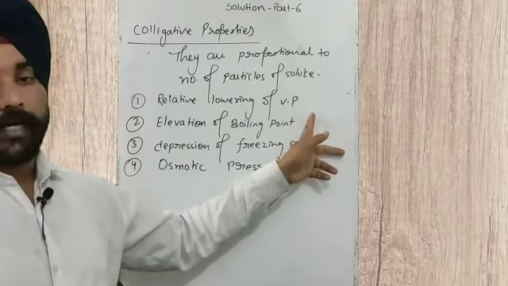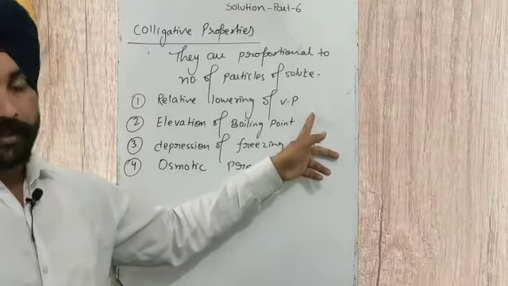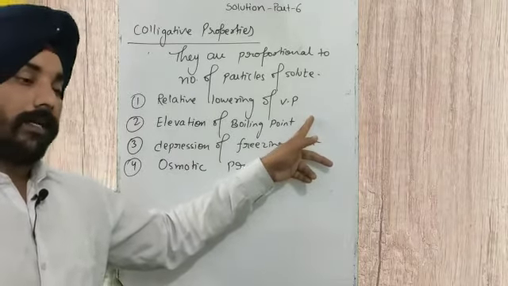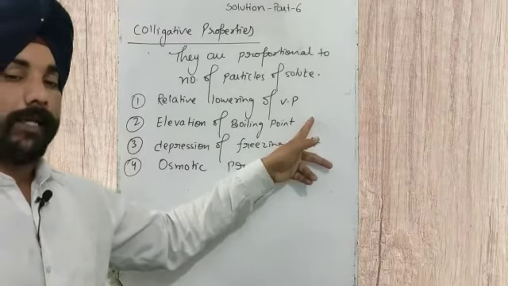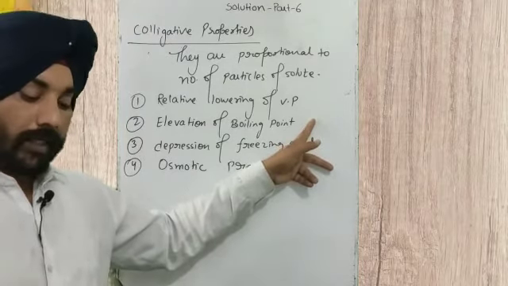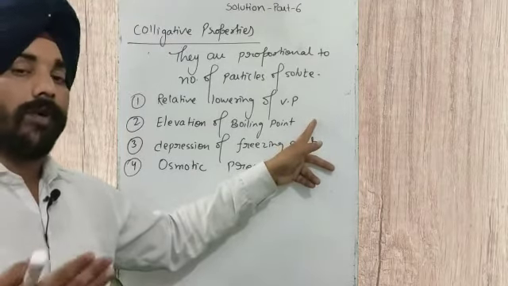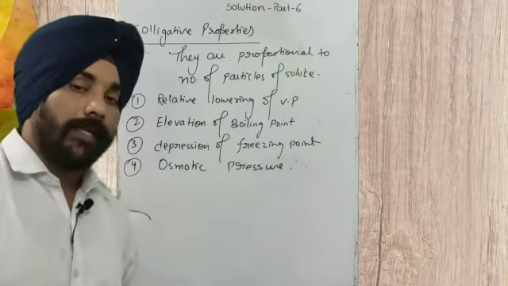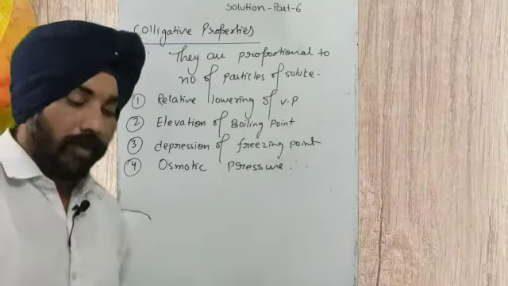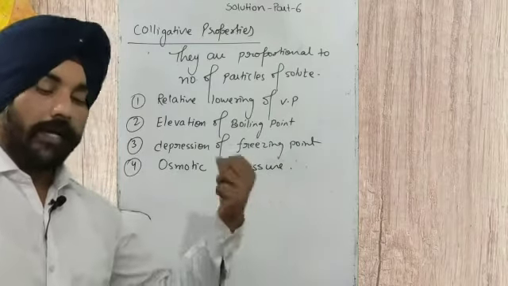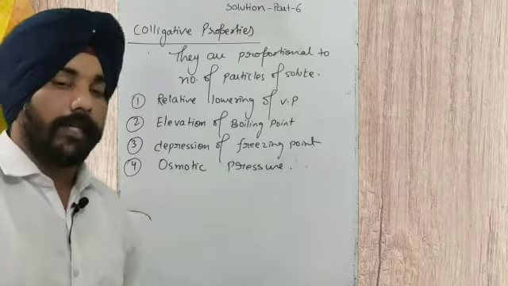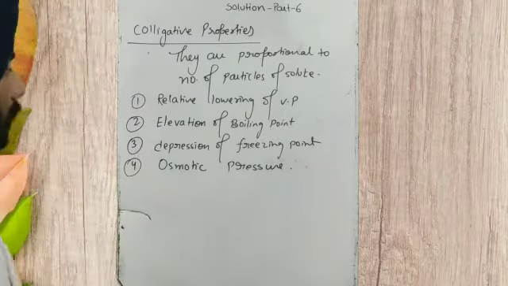I explained what happens when a non-volatile solute is added to a solvent and a solution is formed, and the Raoult's law for the non-volatile solute. In that explanation I told you how we derive the relative lowering of vapor pressure.